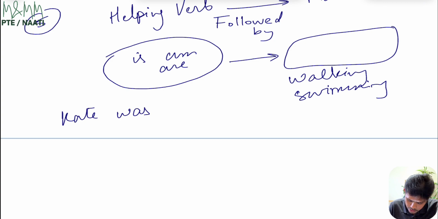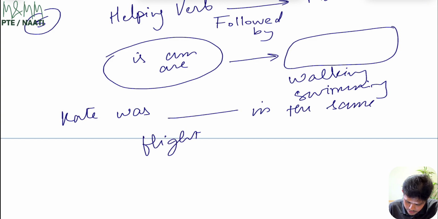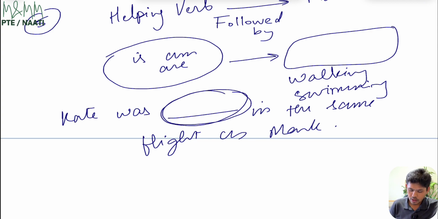I'll take an easy example. "Kate was dash in the same flight as Mark." What can this blank have? Let's think. Kate was, now there is a flight, so obviously there has to be something related to flying. I will put "flying" here.